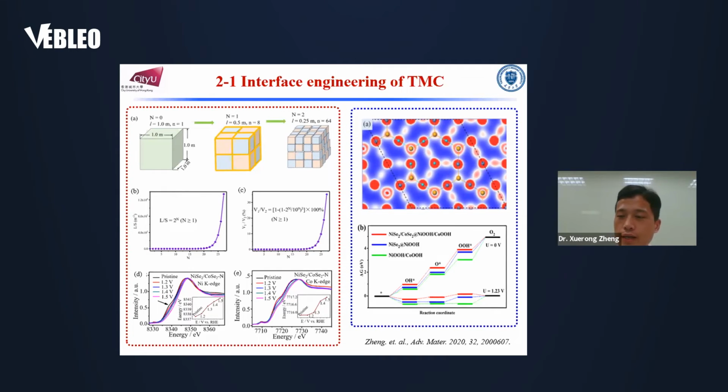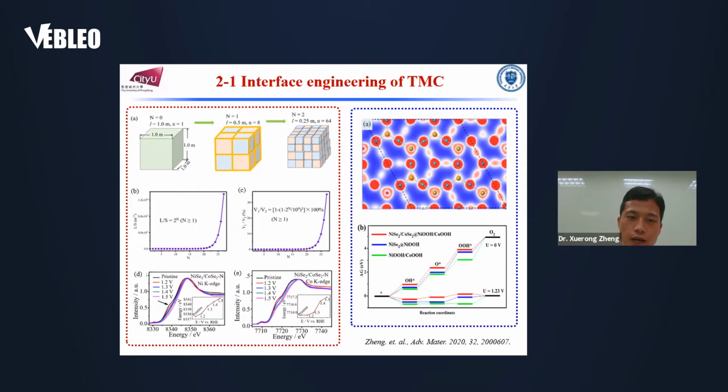And we can speculate that if the depth of the surface can be activated with the depth of 1 nanometer, then the volume that can be activated would also have an exponential relationship with the N number.